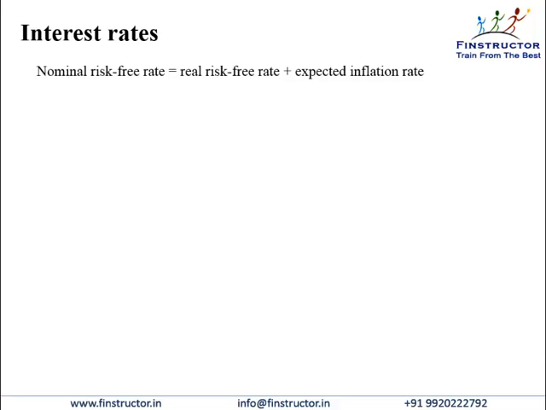Another way of looking at the interest rate is that the rate should at least meet the expected inflation rate. So let's assume an apple today costs $10 and you have $10 that you can invest in the bank. The bank gives you a rate of return of 10%, so that your money at the end of 1 year becomes $11.